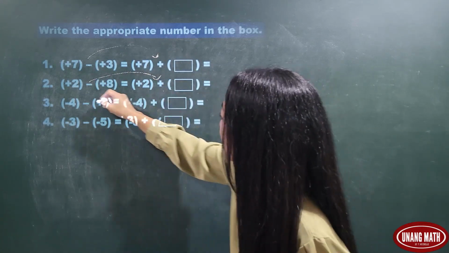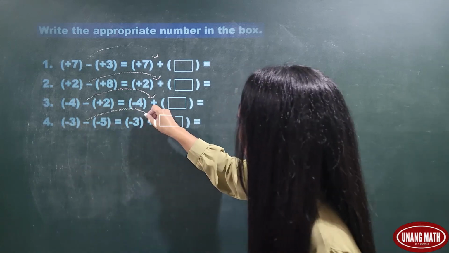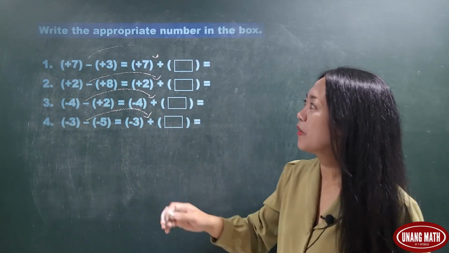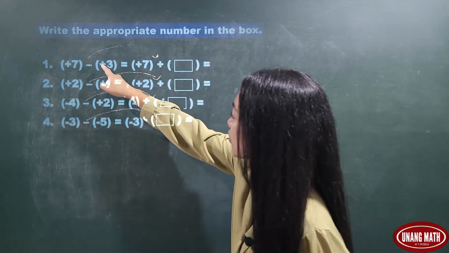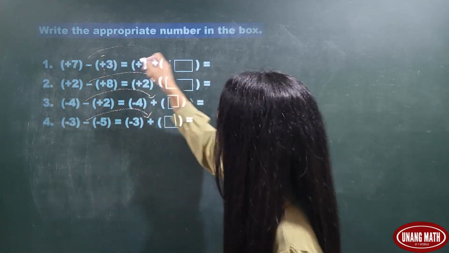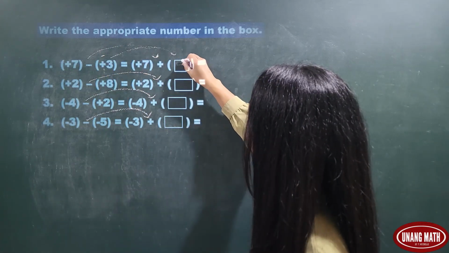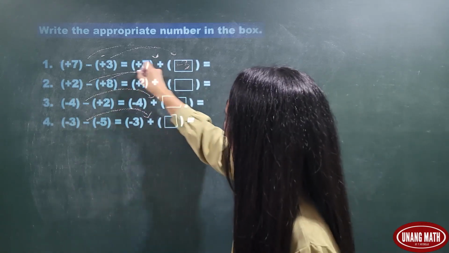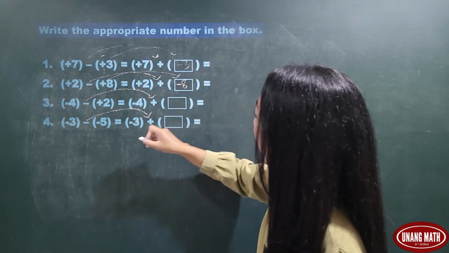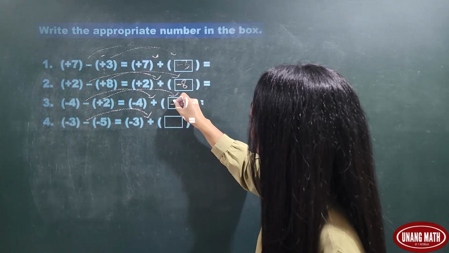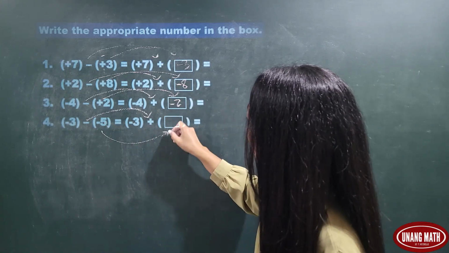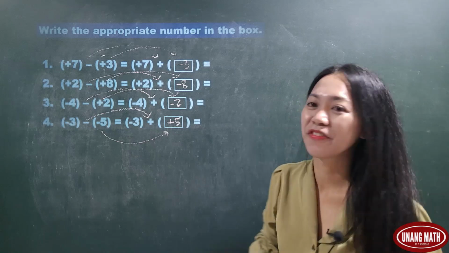So this becomes plus sign, plus sign, plus sign. And then we will change the direction. So positive 3 becomes negative 3. Positive 8 becomes negative 8. Positive 2 becomes negative 2. Negative 5 becomes positive 5.